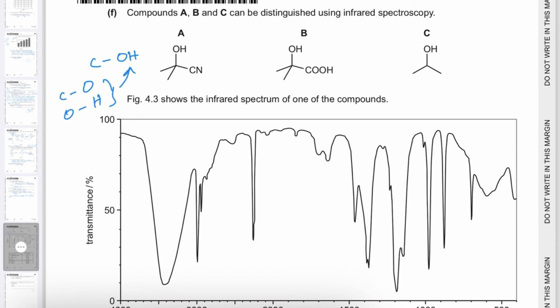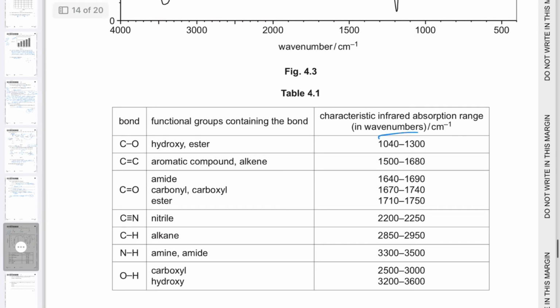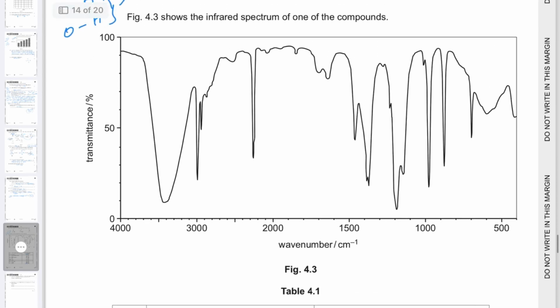And this absorption means all of A, B, and C will have, let's see what's the value for these bonds, it is this one over here, as well as 3200 to 3600. That means all of A, B, and C will have this absorption between 3200 and 3600, which we can see right over here.